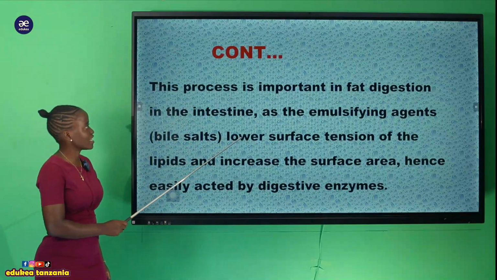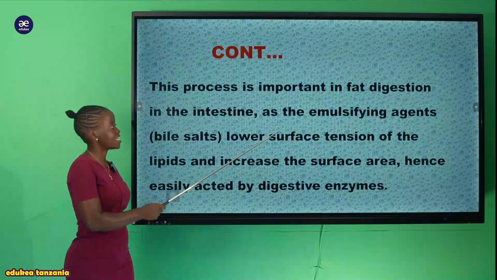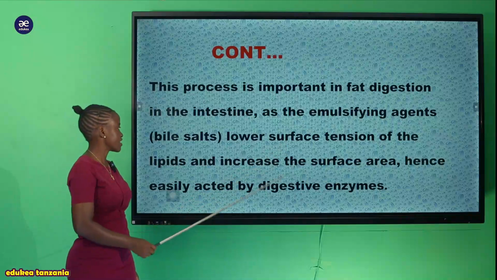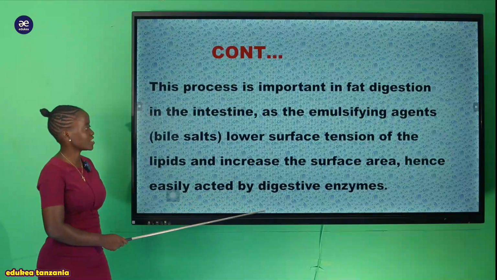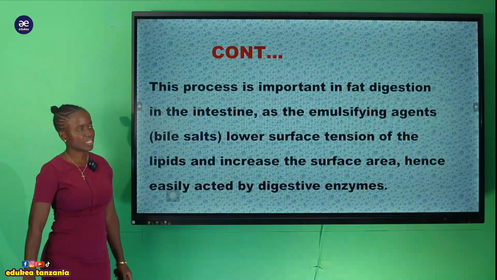So this process is important in fat digestion in the intestine, as the emulsifying agent, that is the bile salt, lowers the surface tension of the lipid and increases the surface area, hence it is easily acted on by the enzyme.